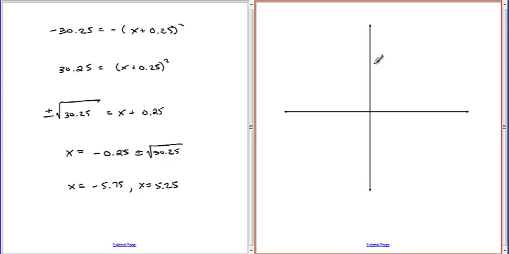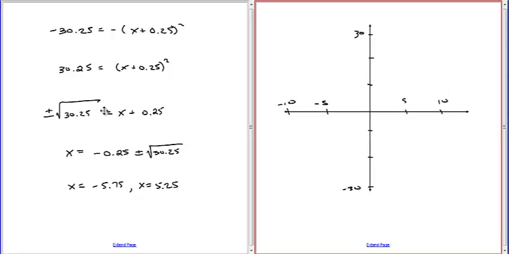So let's make each unit in the y direction 10. So this would be positive 30. This would be negative 30. And in the x direction, let's go plus or minus 10. So this is 5 units, negative 5, negative 10, positive 5, positive 10.